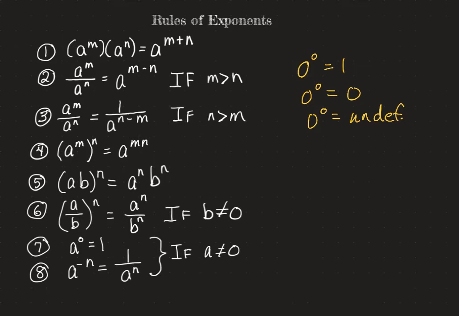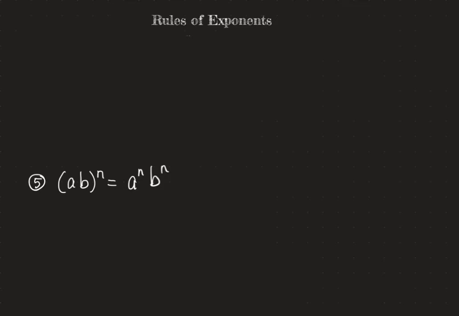There are different things that happen if you make one of these assumptions, and it's still a point that's argued by mathematicians, and different definitions are used in different explorations in mathematics. So for us, a cannot equal 0. You can't have 0 to the 0th power. I would like to look more closely at rule number 5.